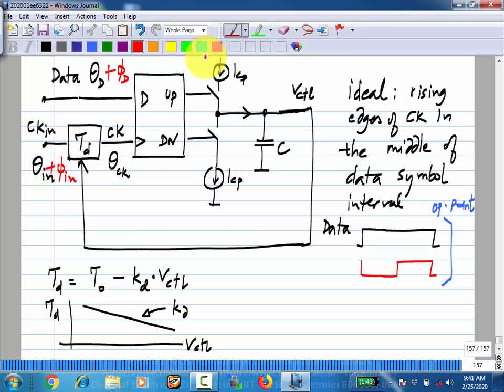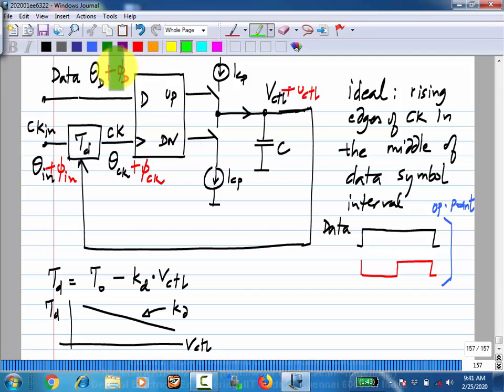You expect that every one of these quantities will have some deviation. So I will represent the operating point with uppercase and the increment with lowercase. Everything will have some deviation. Now what is it that you would ideally like? Let's say the data symbol moves; the clock that is sampling it should move along with it, but we don't know whether it will move by that amount.